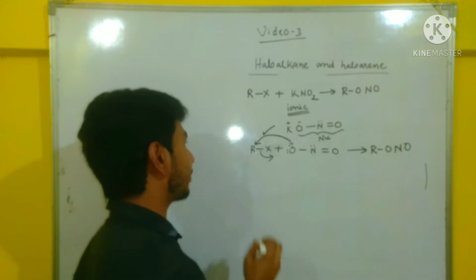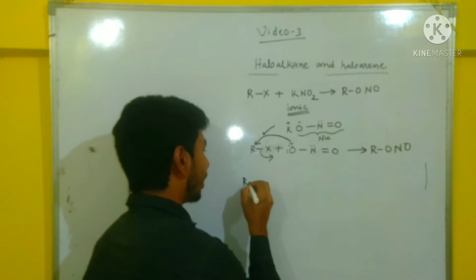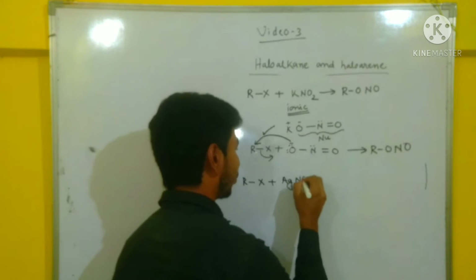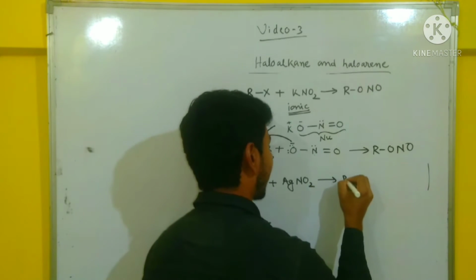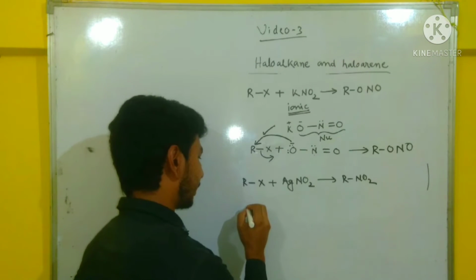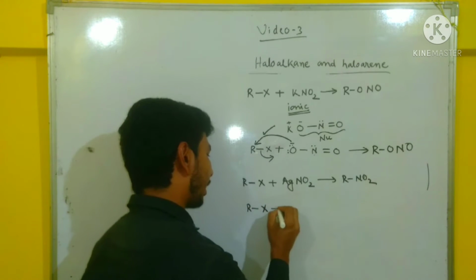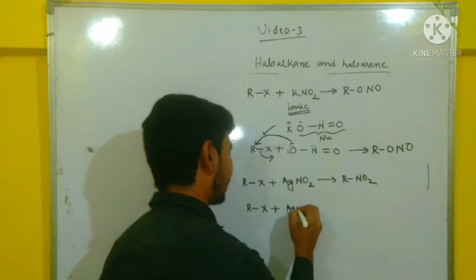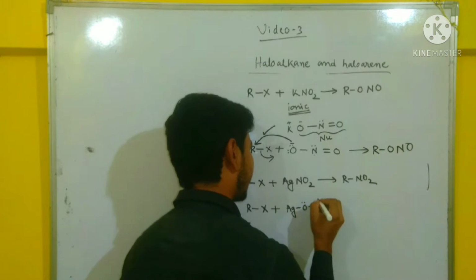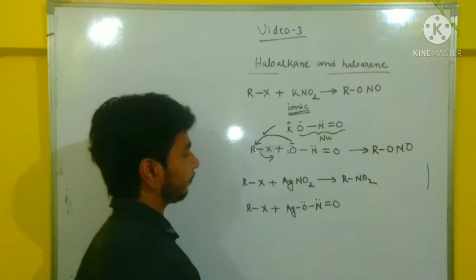Now coming to the next part, RX when reacted with AgNO2, we get RNO2. This is because RX plus AgNO2. This is the structure of AgNO2.